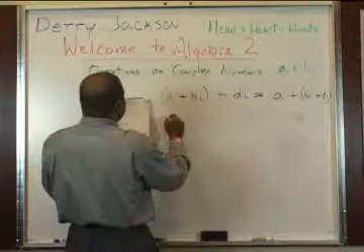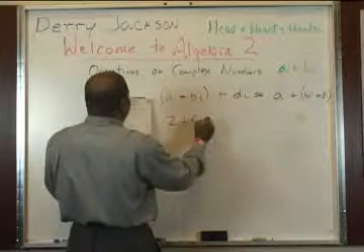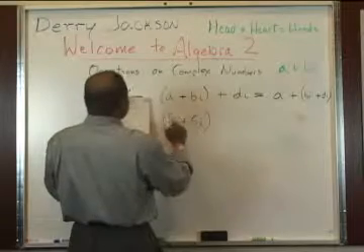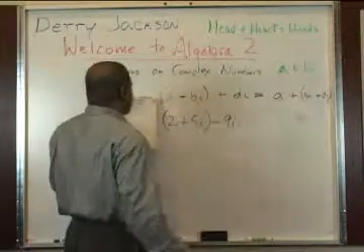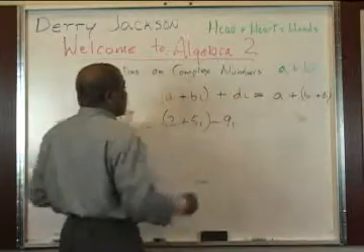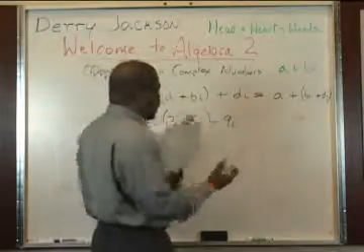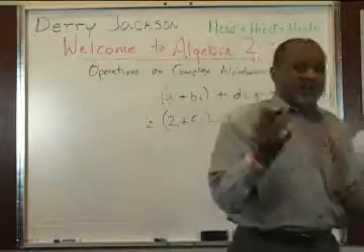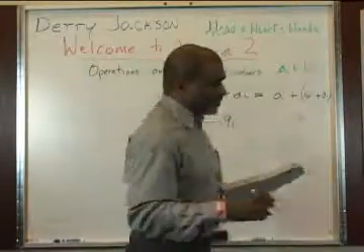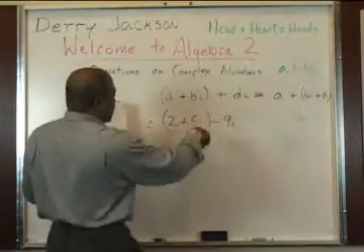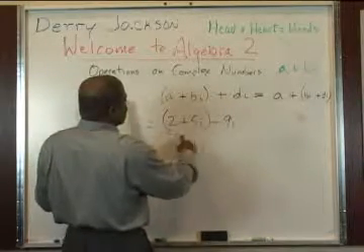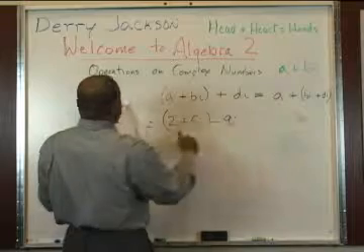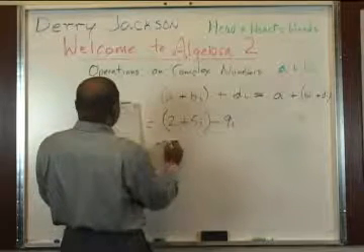So let's use the example they have. They have 2 plus 5i minus 9i. Okay? The rule tells us that we can associate things that are alike. So we're just going to repack inside the bracket. Instead of having these guys inside the bracket, we're going to have the complex numbers in the bracket.